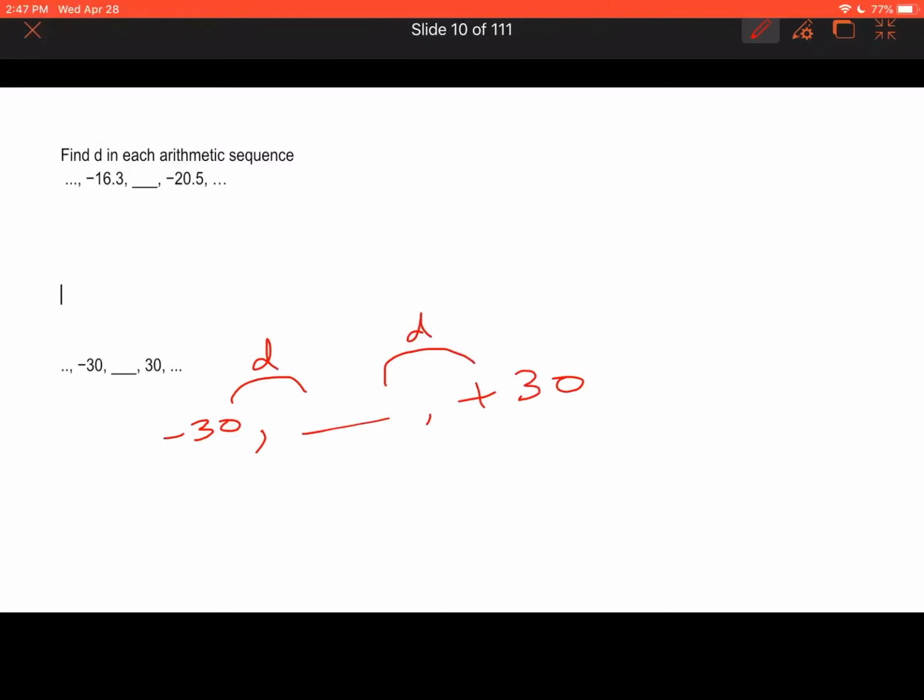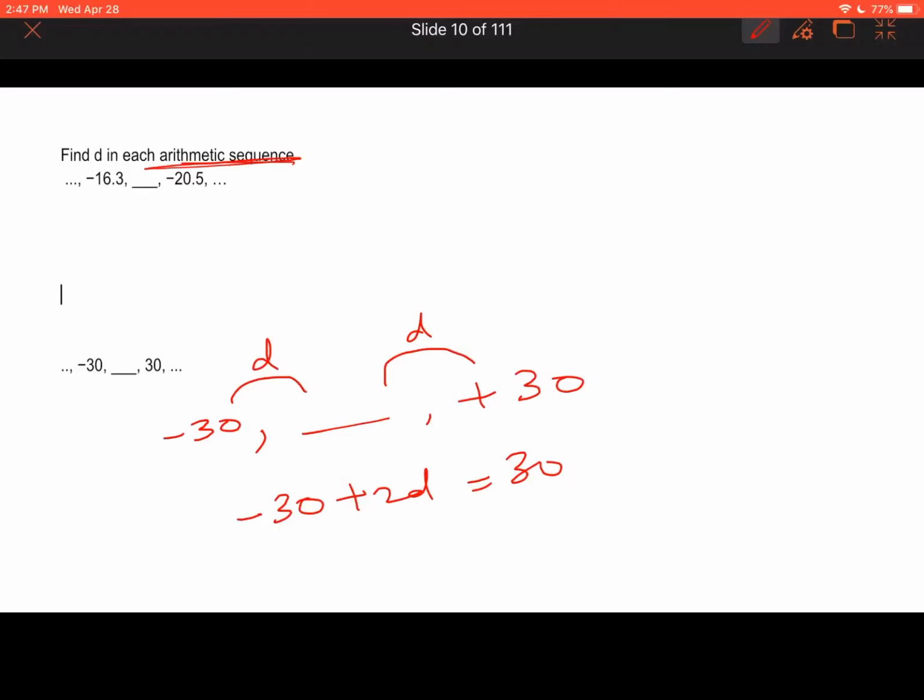So now we have to find d. We can write it as minus 30 plus d, then plus 2d will make plus 30. When I add minus 30 plus d, the second number will come. When I add the second number with d, the third number will come, because it is already given as an arithmetic sequence having a common difference, so d will be the same value.